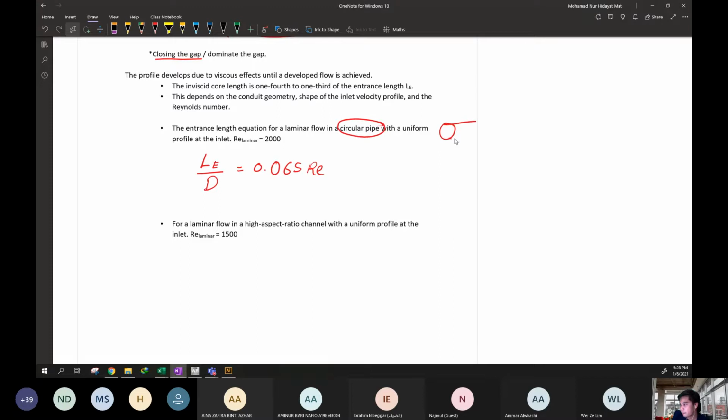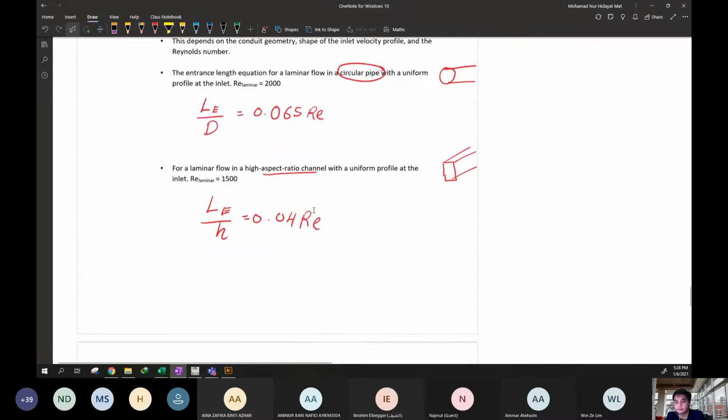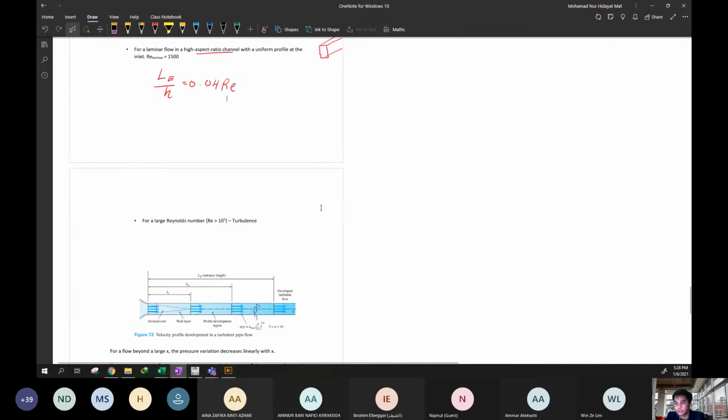This is the pipe, and this is for the channel, which is like this. So when the flow is laminar, Le over H is equal to 0.04 Reynolds number. This is the Reynolds number relation to get the entrance length. Basically this is more on the theory.